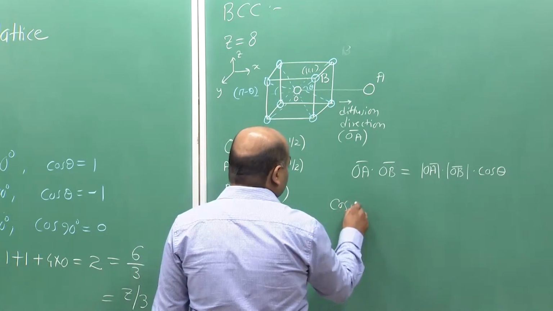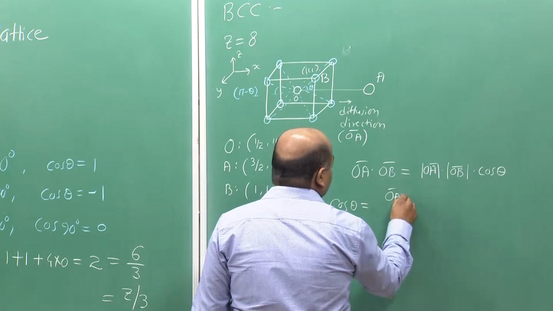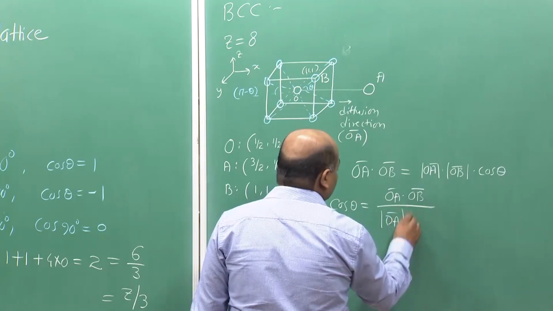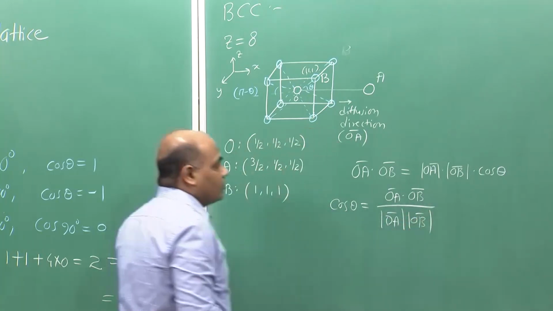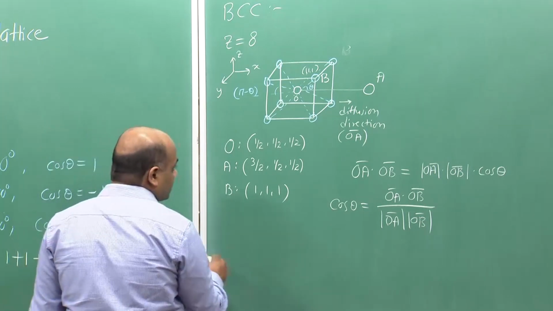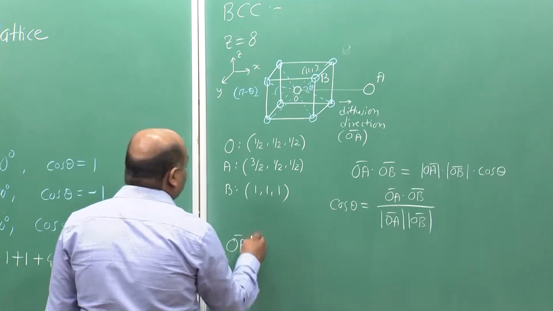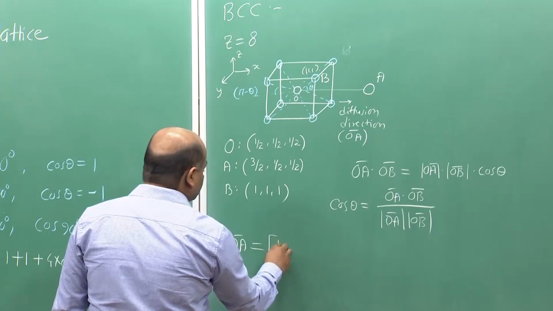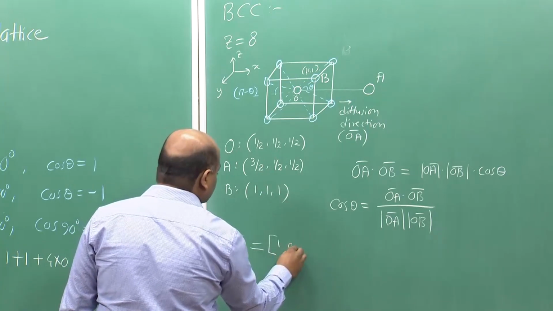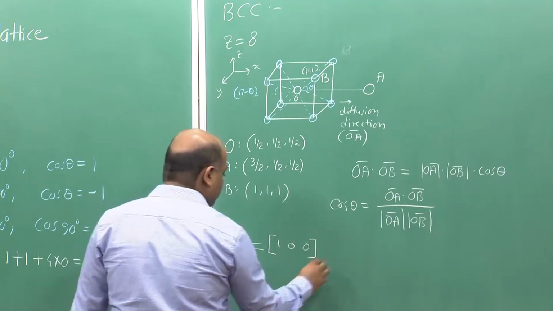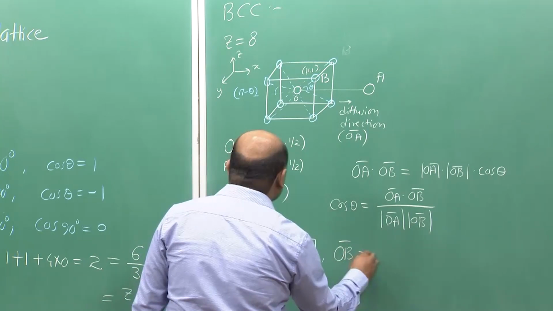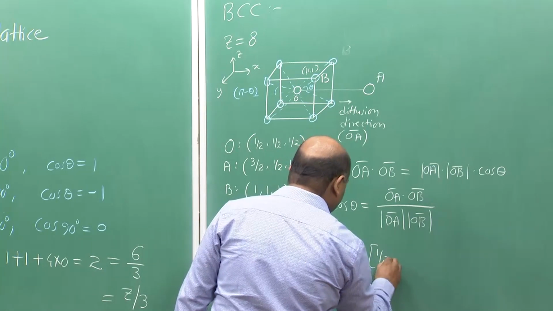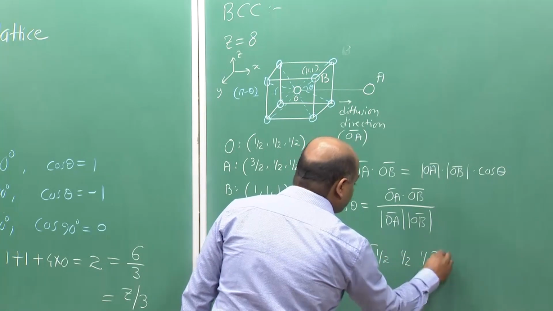So, cos theta is equal to OA bar dot OB bar divided by magnitude of OA bar times magnitude of OB bar. So, let us see what OA bar is now. OA bar is 3 by 2 minus half, which is 1, half minus half, 0, 0, and OB bar is 1 minus half, 1 minus half, 1 minus half, which is half, half, half.